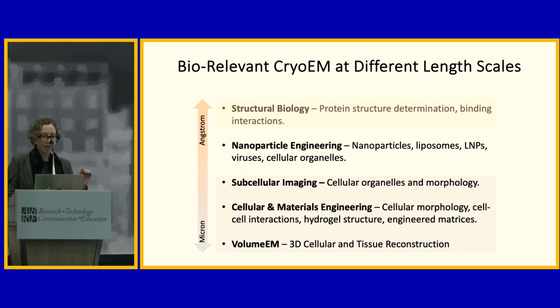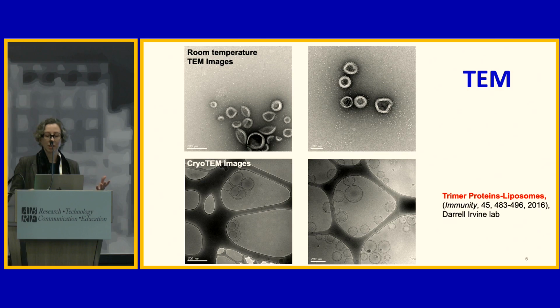So at this point, I didn't want to talk about the nitty-gritty details of workflows and instruments. I just wanted to give a snapshot of the kinds of flavors of imaging that we can generate. We have a lot of people that work with nanoparticles, and of course, frequently room temperature negative stain TEM is a great place to start.